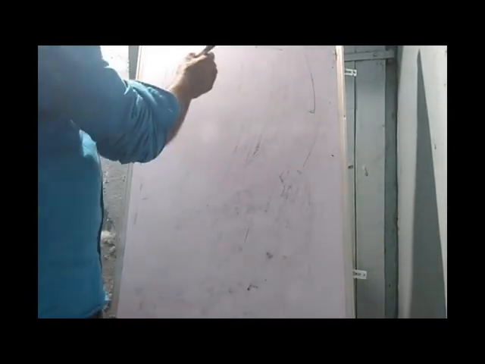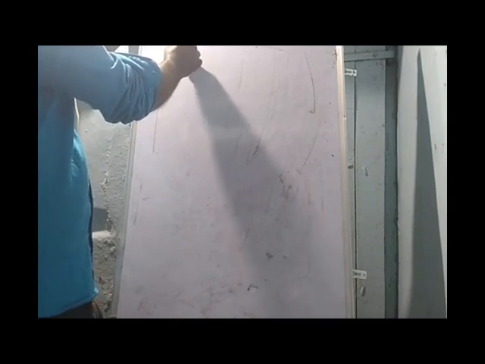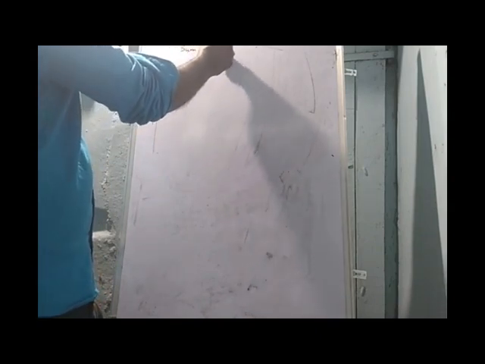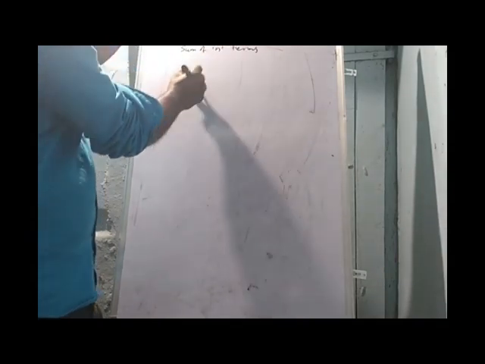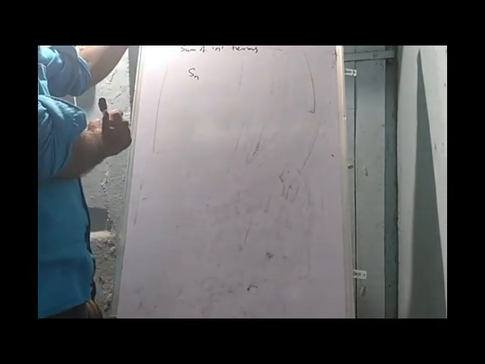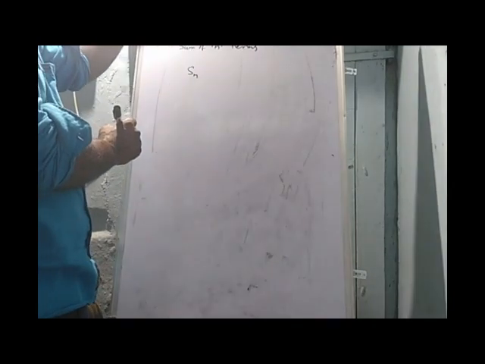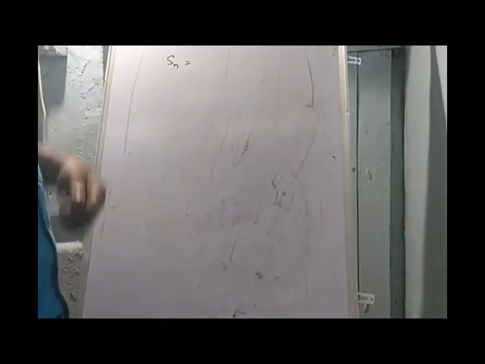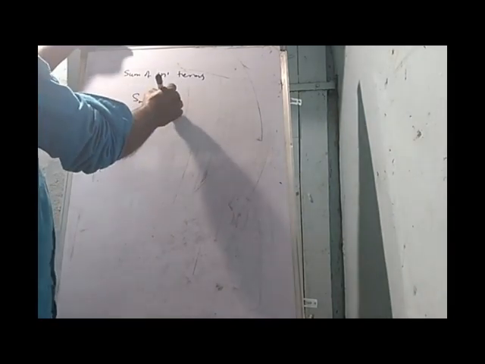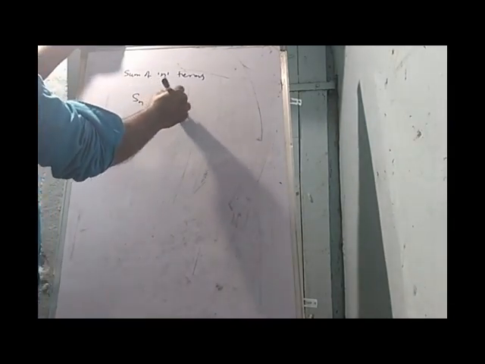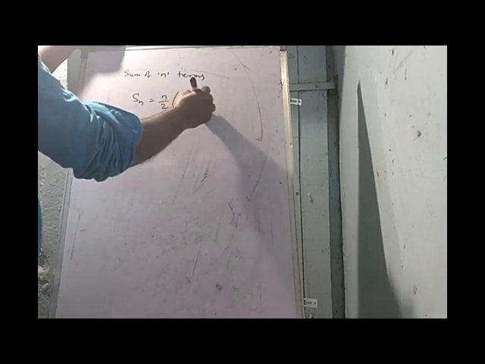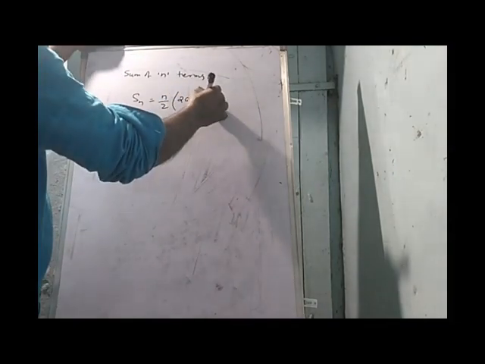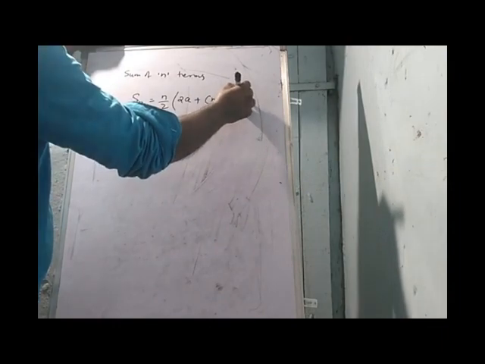Next is the sum of n terms, which we denote as Sn. Sn equals n by 2 of 2a plus n minus 1 into d.